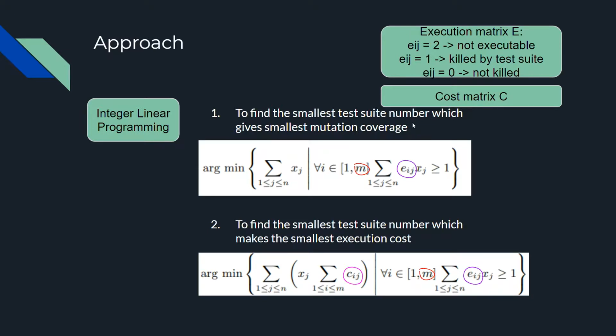And C_ij is simply defined as the execution time of mutant M_i against the test case T_j. Invalid mutants are removed from both E and C. Therefore, we can assume that E is a binary matrix and that the times in C correspond to valid executions.